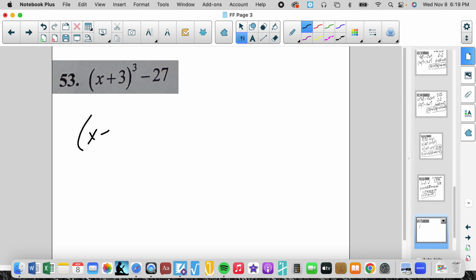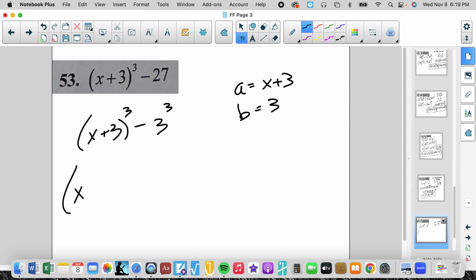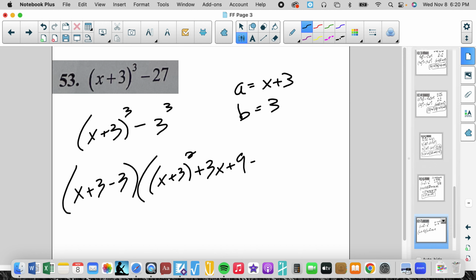So we got x plus 3 quantity cubed minus 3 cubed. My a is going to be x plus 3. My b is going to be 3. I got a minus b, and then I have a squared, and then I have plus a times b, which is 3x plus 9, and then b squared, which is 9 again.